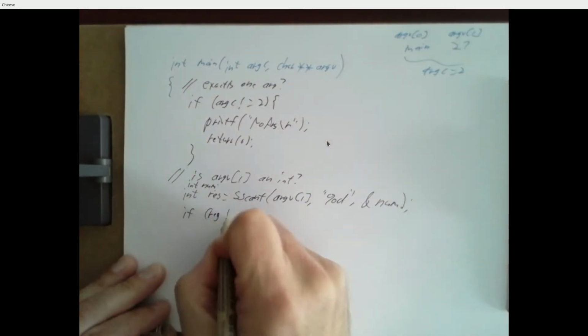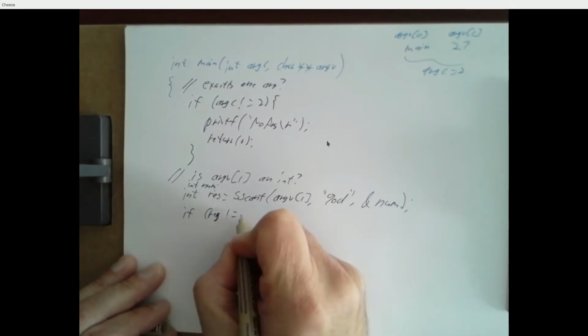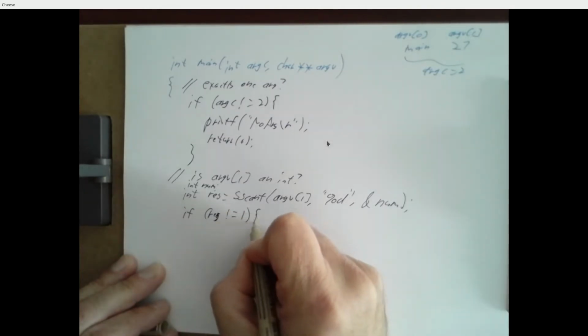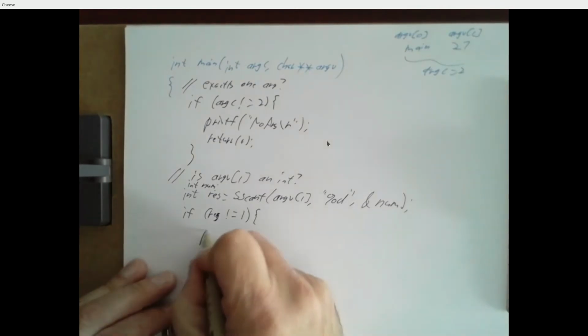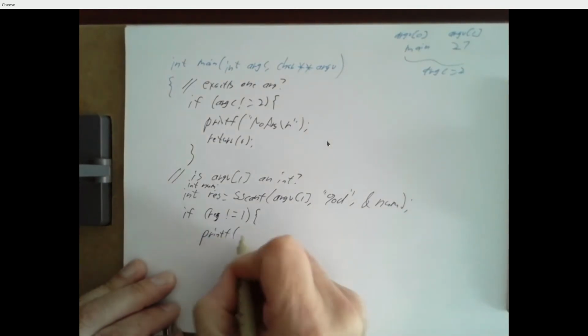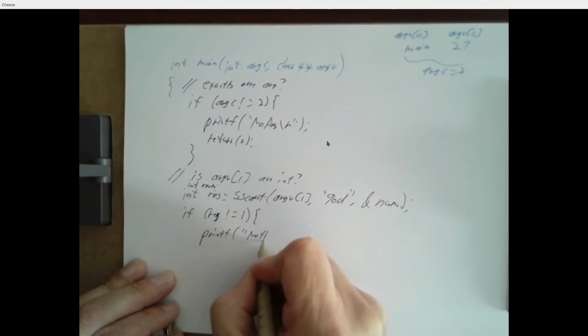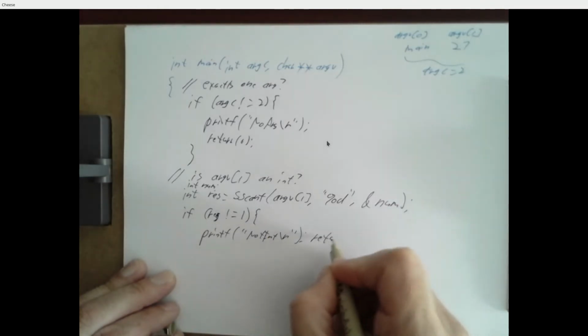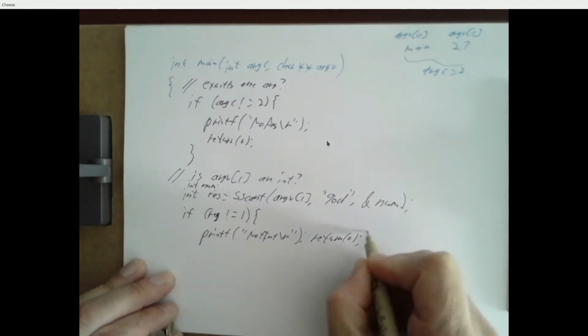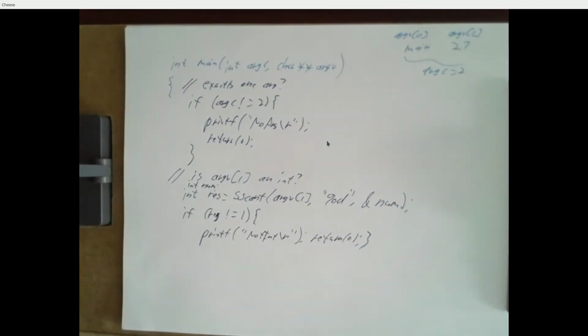And again, if the result is not equal to 1, it wasn't an integer. For some reason, it couldn't convert it. So we'll just print an error message and return.